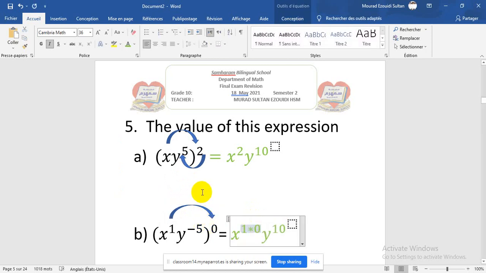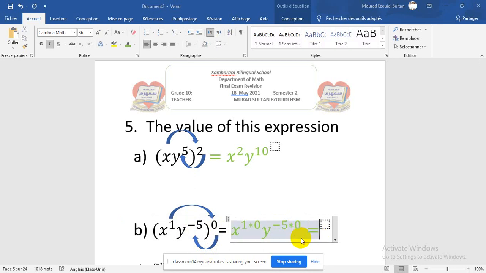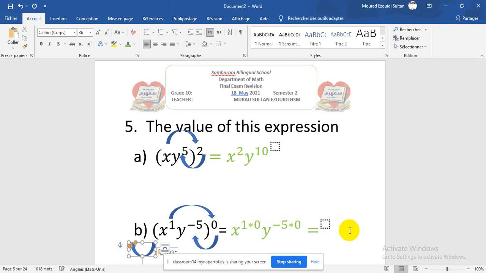Then we have, my learners, y to the power negative 5 multiplied by 0, or to the power 0. So I'll just multiply minus 5 by 0, which gives minus 5 multiplied by 0. Look, this one should be equal to x to the power, I'll just write this.